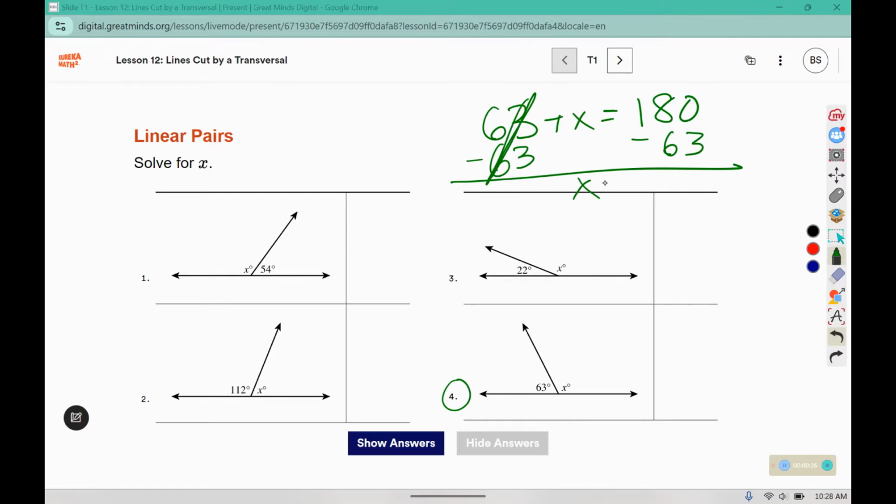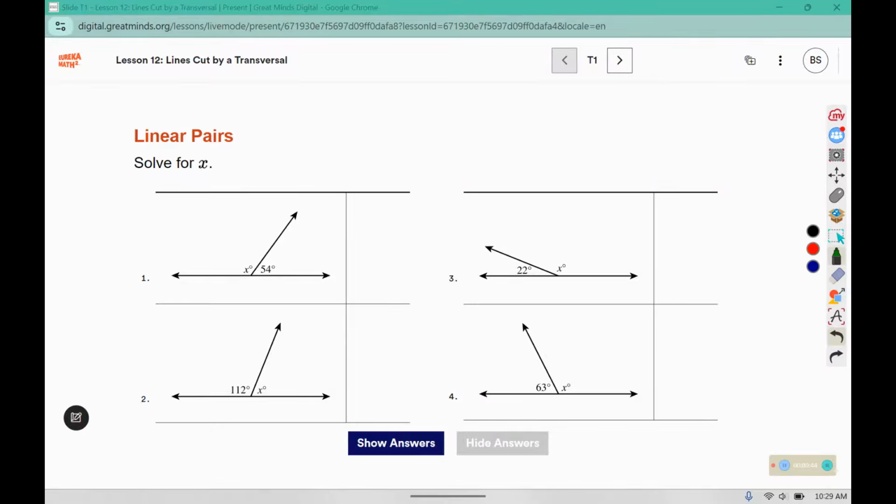We're left with x on the left. And if we subtract, that gives us 117 for x. Solve the remaining 3 using a similar setup for your equation.